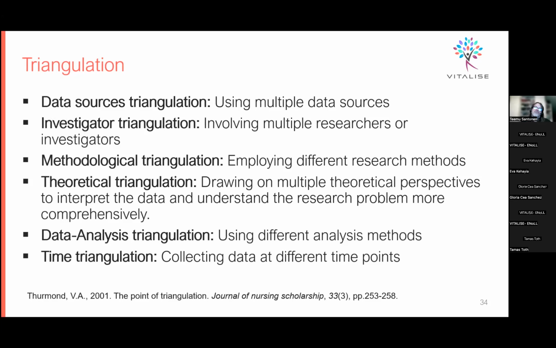If you're doing observations and two persons are doing observation at the same time, it's very likely that they are focusing on different things, and then you can be filling the gaps which the other one is not seeing, but the other one is seeing, and so forth.